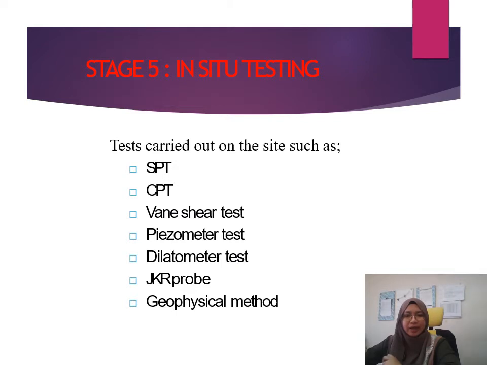Other than lab testing, we also have in situ testing or field testing. There are various types of field testing. Field testing means that you can get the data directly from the site. You can get the soil parameters or soil properties directly from the site, such as SPT, the standard penetration test, and then we have cone penetration test, vane shear test, piezometer test, dilatometer test, JKR probe or Mackintosh probe, or geophysical method.